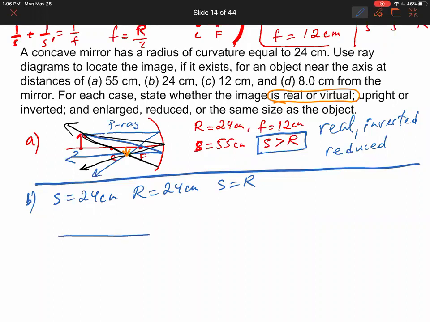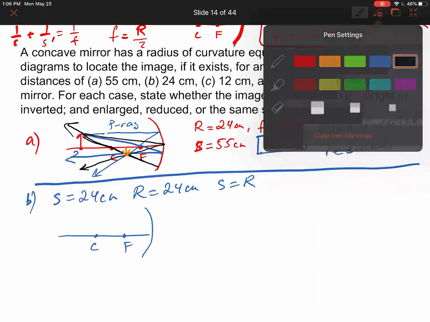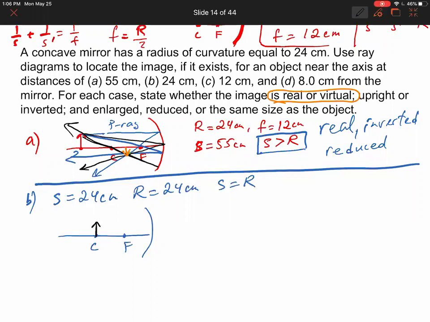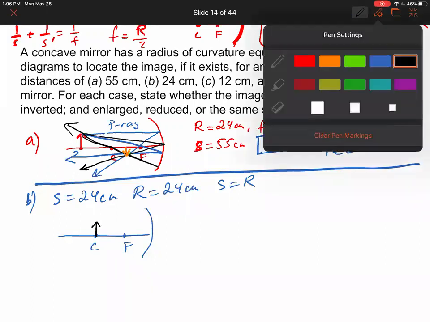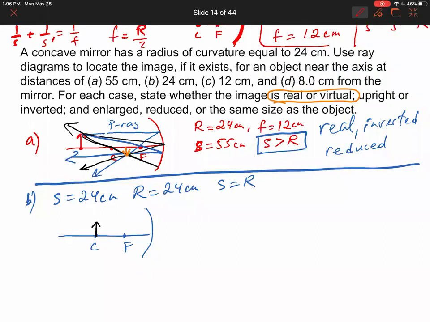Let's draw the mirror. What I have here is the focal point, C, and my object is right there. This is my object. So let's do my ray diagram. I can use the P ray, parallel through the focal point. Then I can use the F ray, through the focal point and parallel.